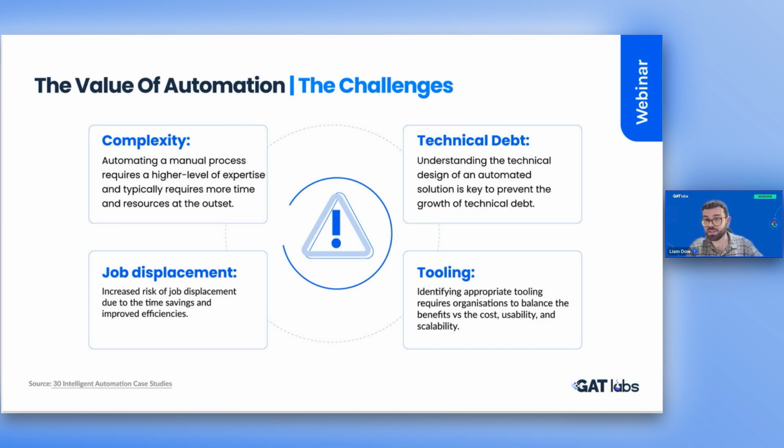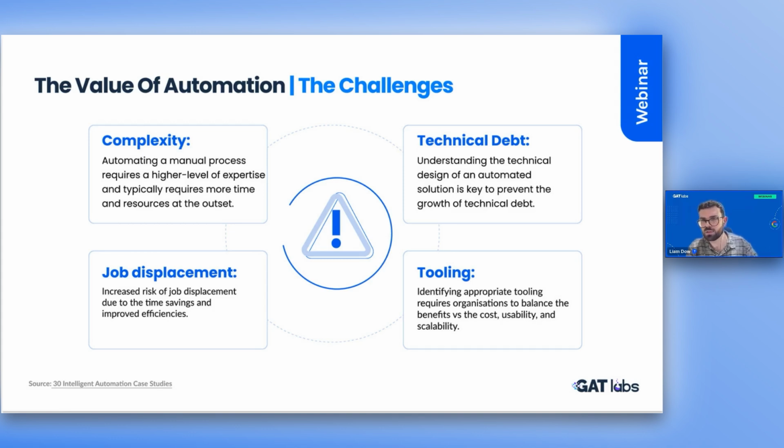Ultimately they're being done manually because there are nuances involved, and maybe it needs that human intervention to understand all these different criteria or circumstances that might arise when handling a certain task. So that is certainly one of the things that can make it complex. But also technical knowledge. Do you have the skills, the time, the resources internally to actually deliver and implement some form of automation?